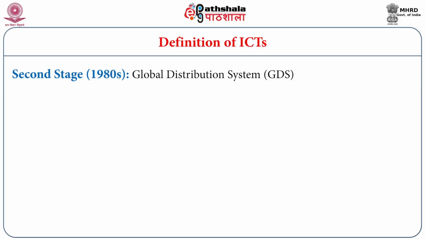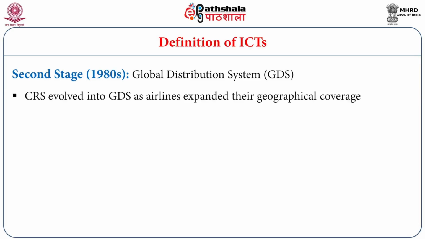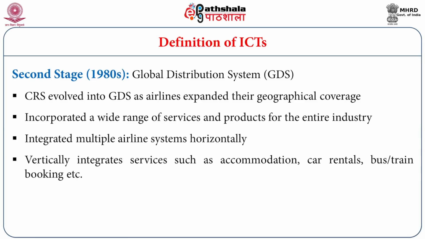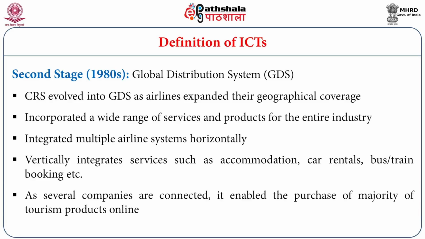Next came the second stage, which is also called Global Distribution Systems, popularly known as GDS. It happened during the 1980s. Actually, CRS evolved into GDS as airlines expanded their geographical coverage, incorporated a wide range of services and products for the entire industry, integrated multiple airline systems horizontally, and vertically integrated services such as accommodation, car rentals, bus and train booking, etc. As several companies are connected, it enabled the purchase of the majority of tourism products online.